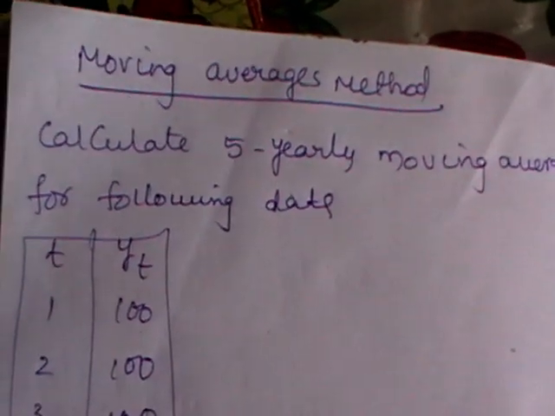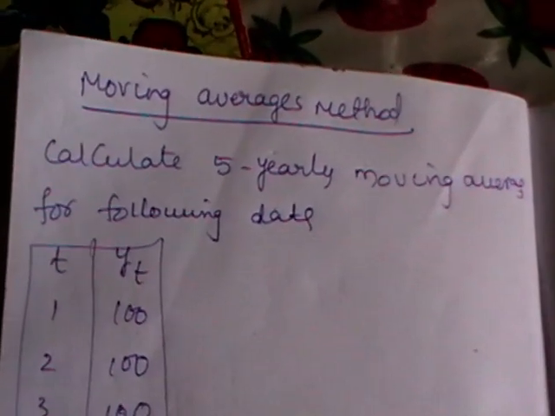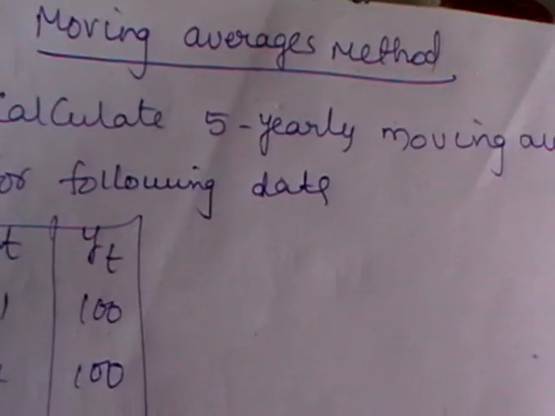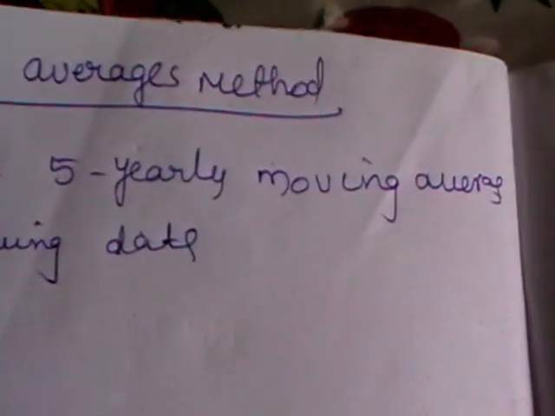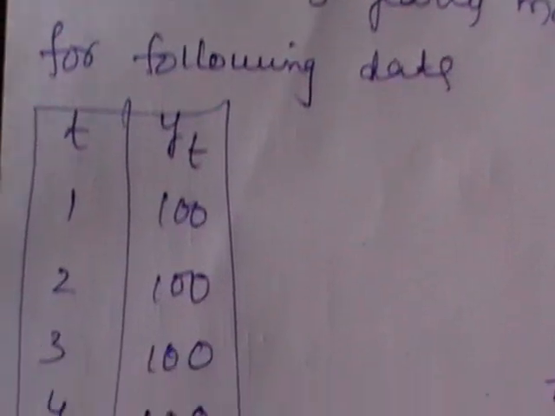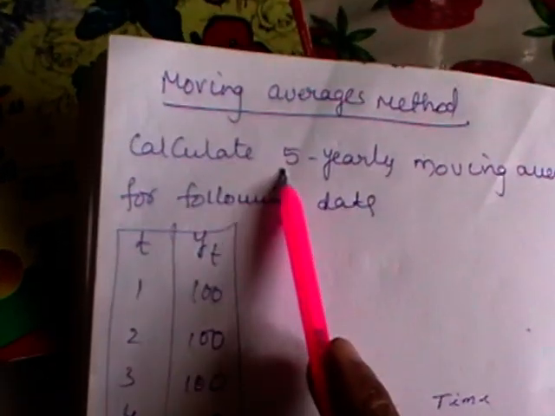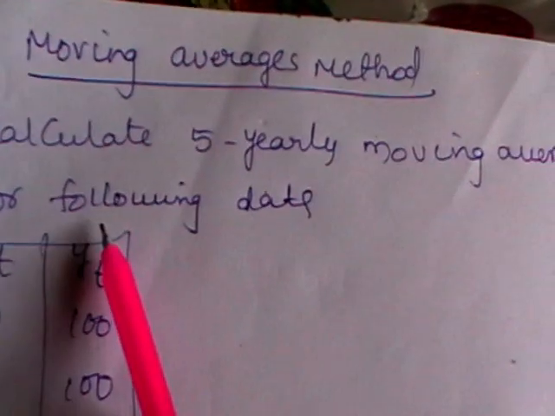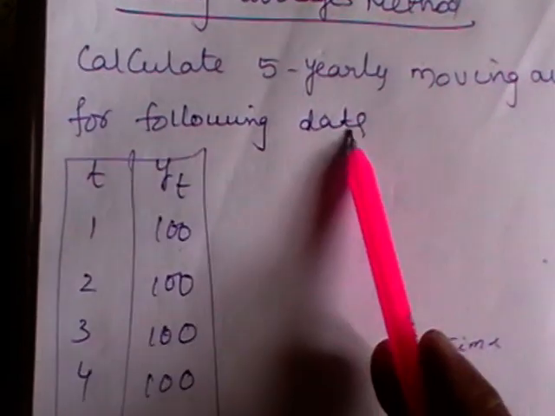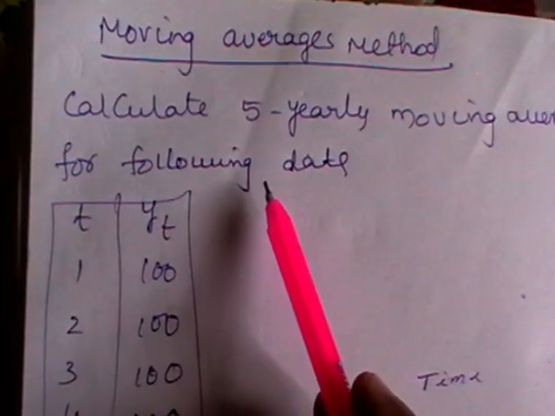If you want to calculate 5-yearly moving averages, they will mention it, just as they may ask for 4-yearly or 3-yearly moving averages. Here the question is to calculate 5-yearly moving averages for the given data.